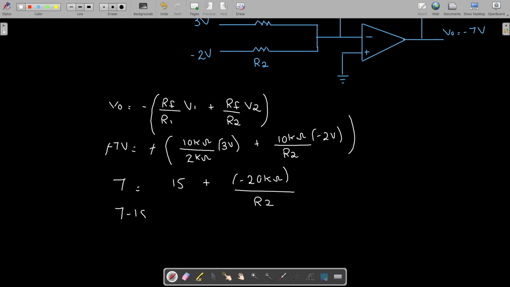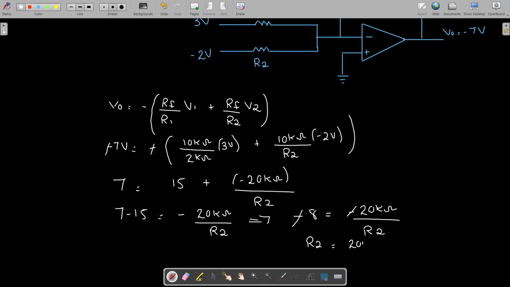So we are going to have 7 minus 15 is equal to minus 20 kilo ohm divided by R2, which implies that we have minus 8 is equal to minus 20 kilo ohm divided by R2. Let me remove minus from both sides, which means that R2 is equal to 20 kilo ohm divided by 8, which comes out to be 2.5 kilo ohm.